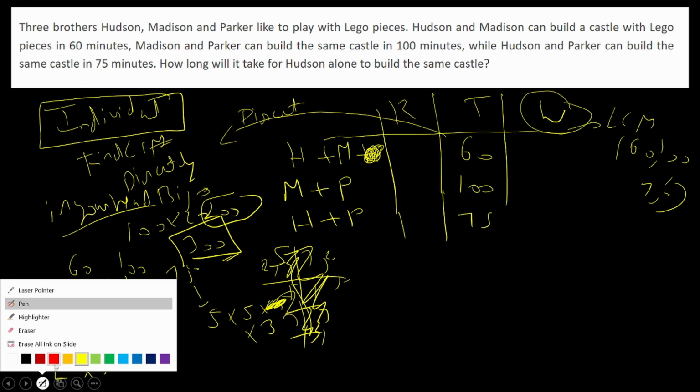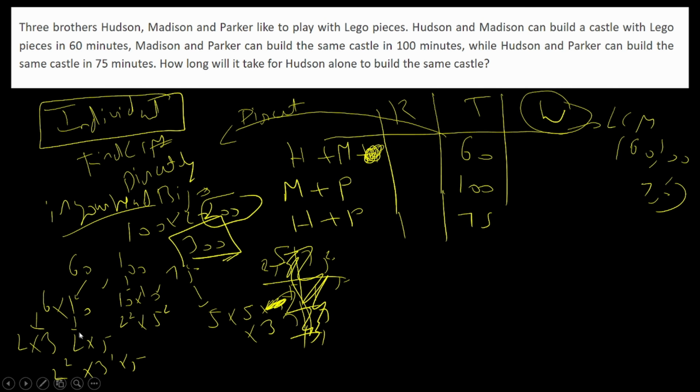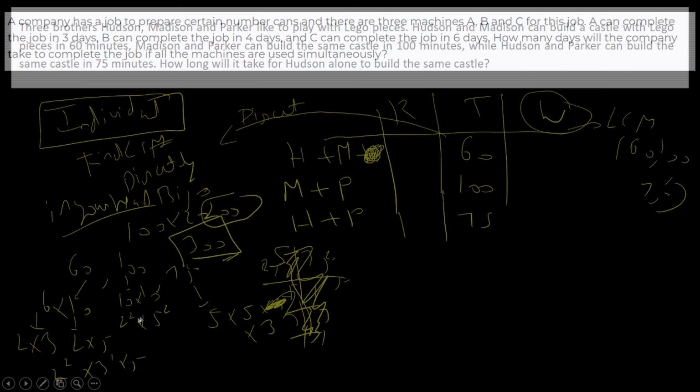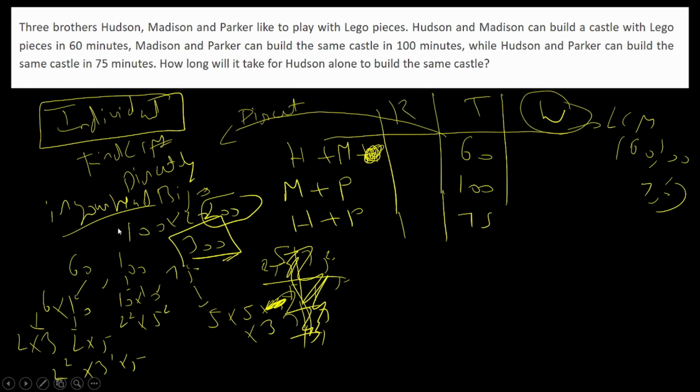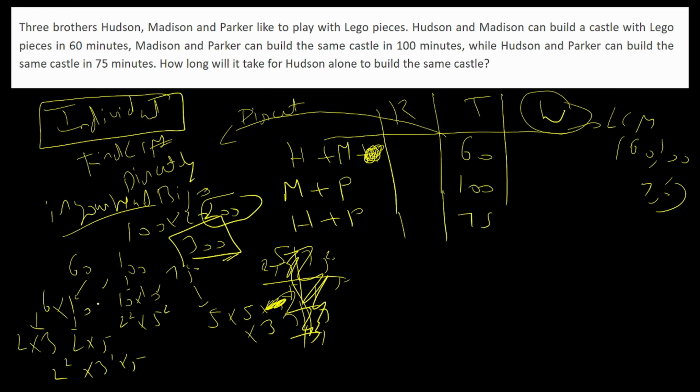And this is your 2 square, 3 power 1, 5 power 1, and this is your 2 square and 5 square, and 5 square and 3 power 1. So you can take the highest power of each.